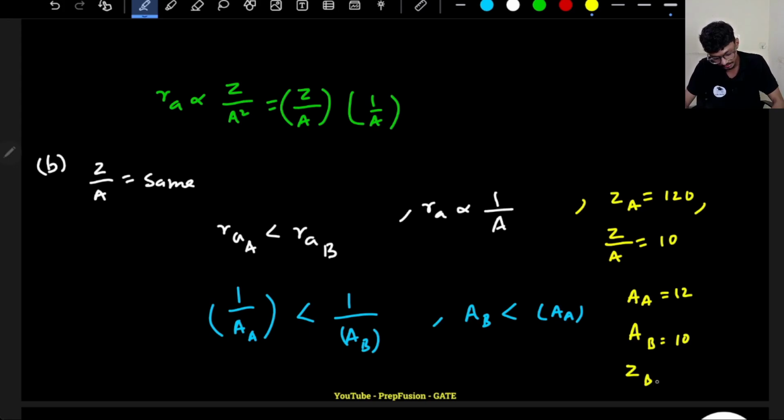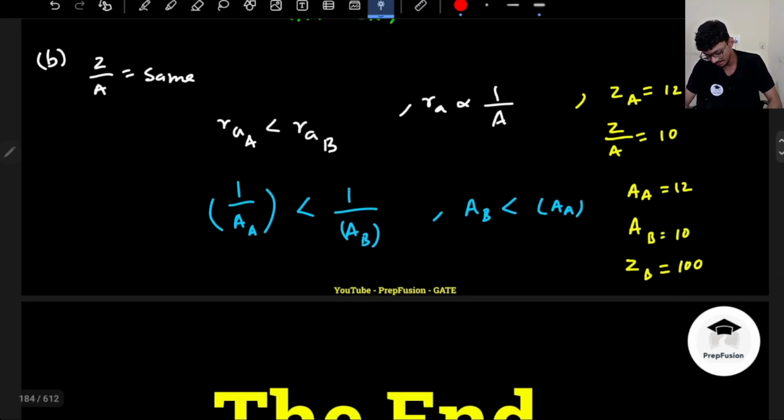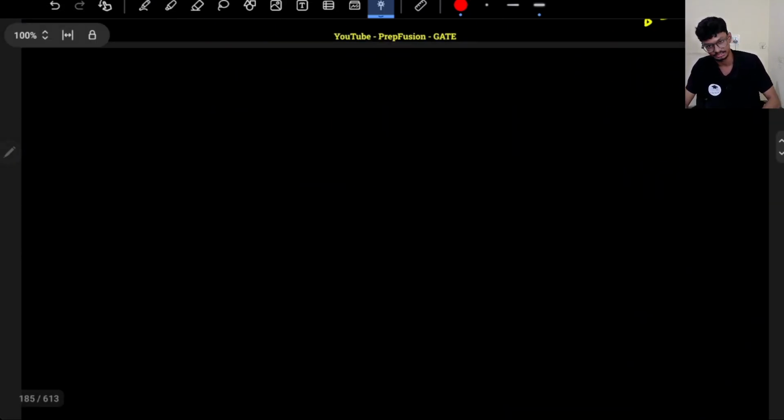So what can be ZB? The ratio has to be mentioned, right? ZB will be 100. So we see I have only 100 conductors here, and there I have 120 conductors, more conductors, right? So as I have more conductors, it will take up more space, correct?